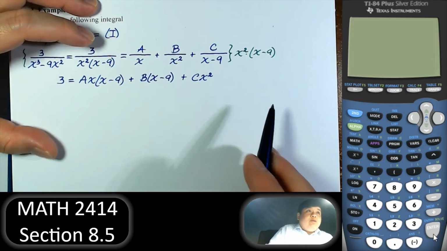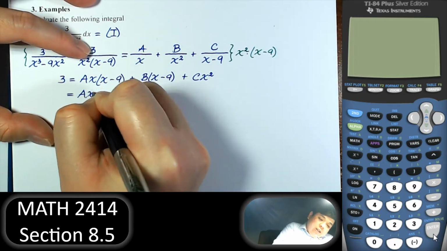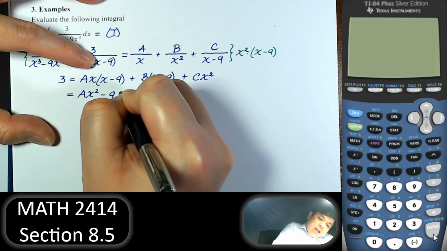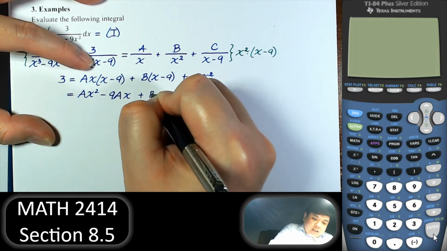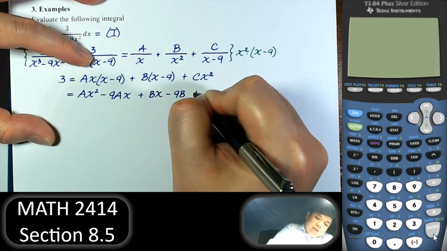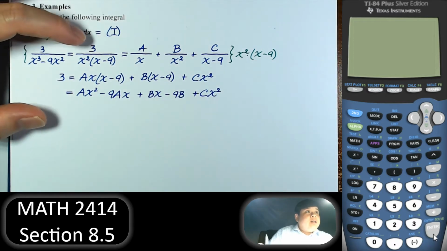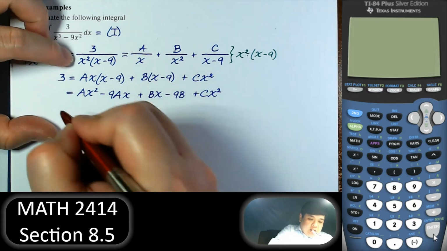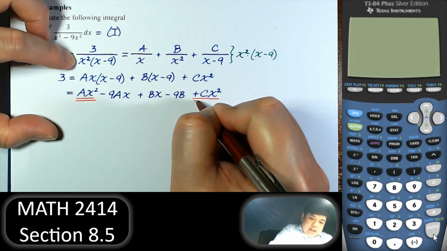Right, multiply it out to combine like terms. Ax squared minus 9ax plus bx minus 9b plus cx squared. Right, combine like terms. Ax squared and cx squared.